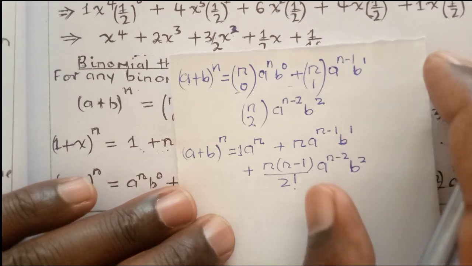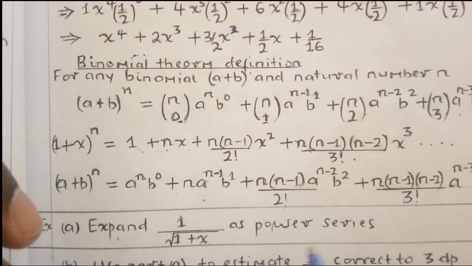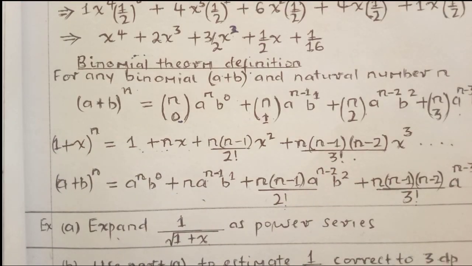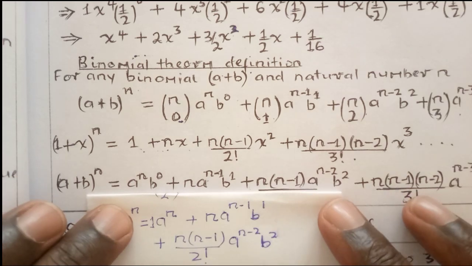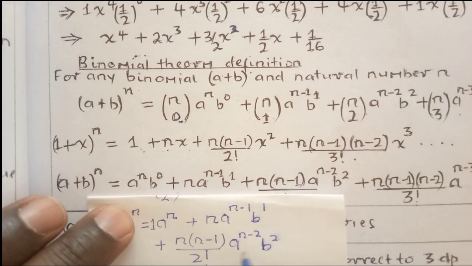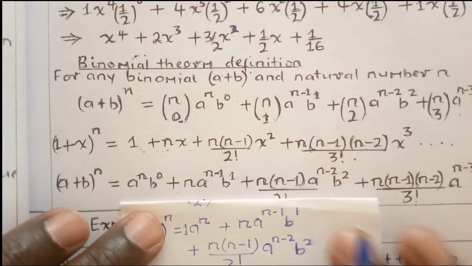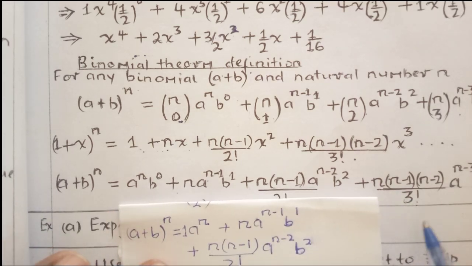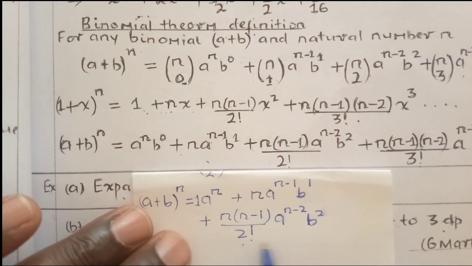And this is what we get when we compare these two. You can see what we are getting, something that looks like that. It's only that we did not go up to n, that is to 3 factorial. We reached up to factorial 2, and so it's written like that.